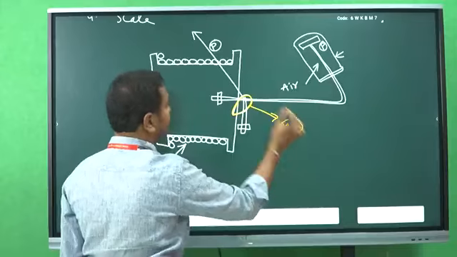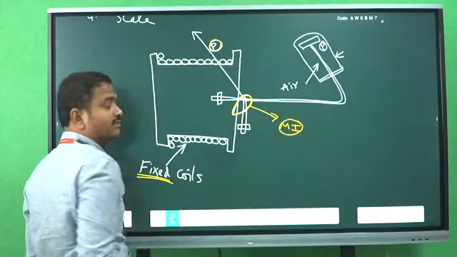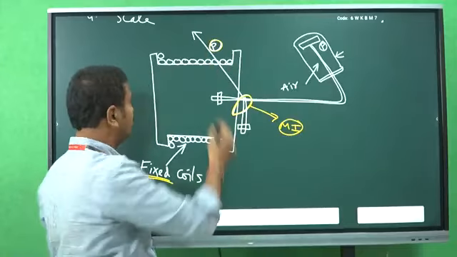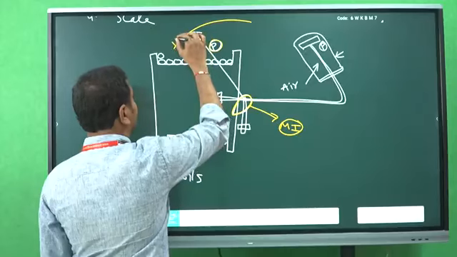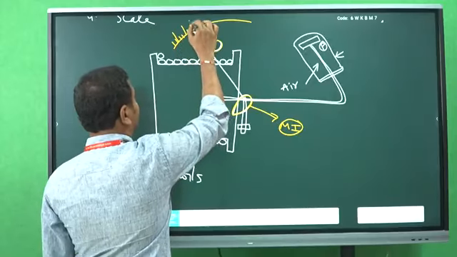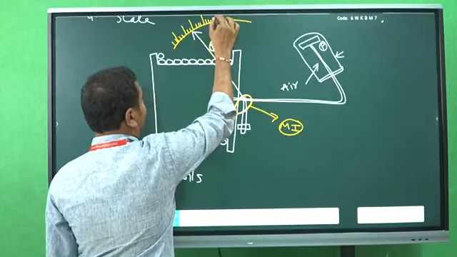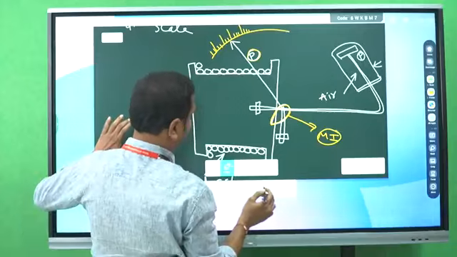So the deflection system has, first, the fixed coil, second, the moving iron plate, third, the pointer, and fourth, the scale. This is the graduated or calibrated scale.